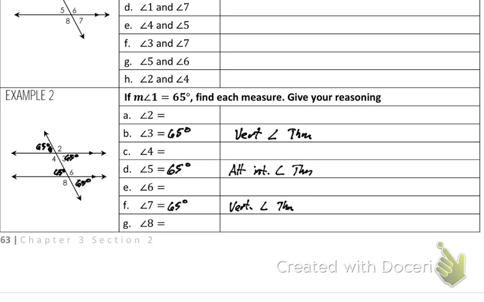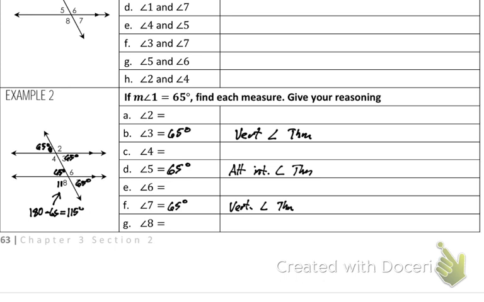8 is supplementary. Why is 8 supplementary? Same side exterior. Okay, if it's supplementary, what's its measure then? 180? Well, that's what it sums to. We have to do 180 minus 65. That will get you 115.